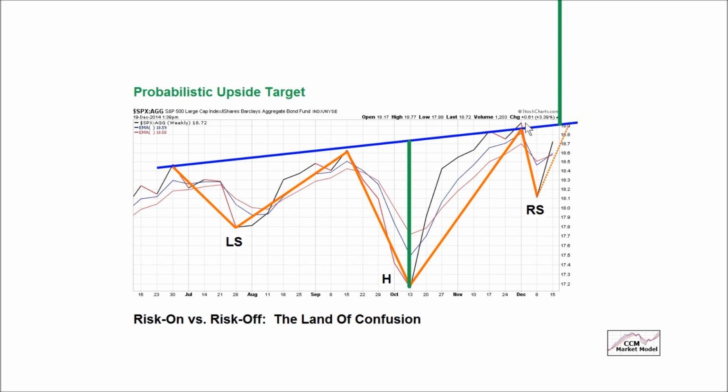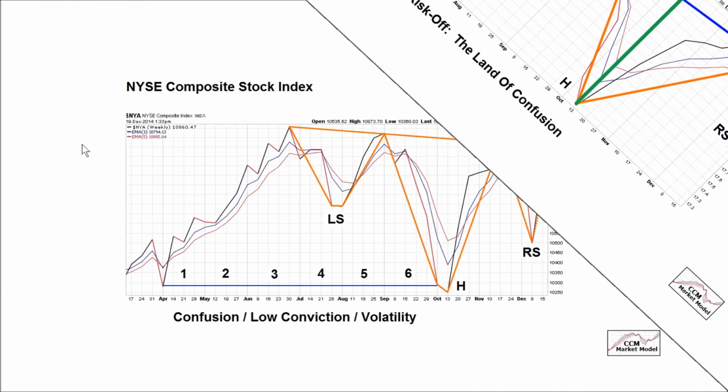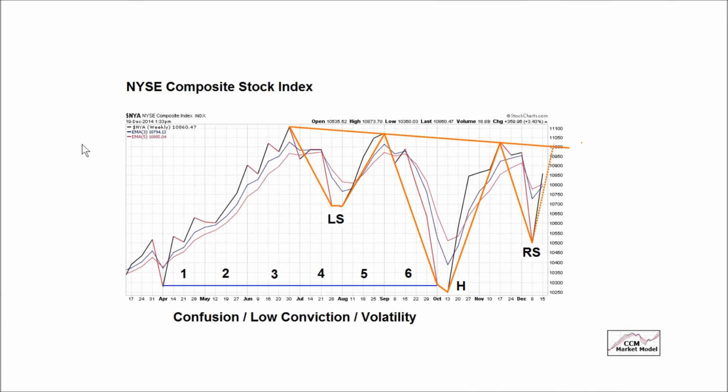If we break out above the neckline on this ratio in the coming weeks, the probability of good things happening in the stock market relative to the bond market will have improved or increased. We have a similar confused look on the broad NYSE Composite Index.